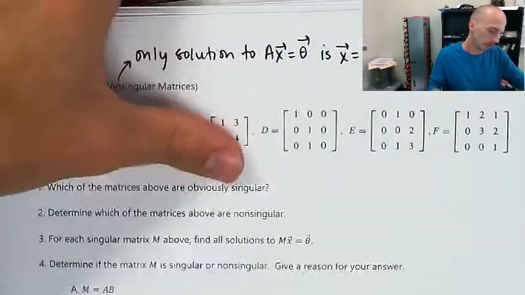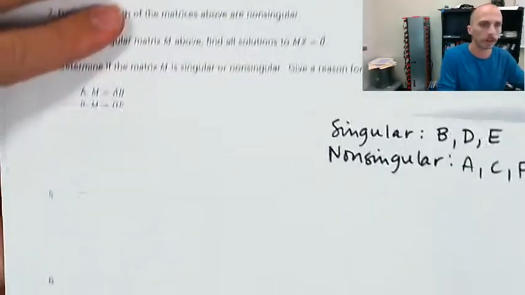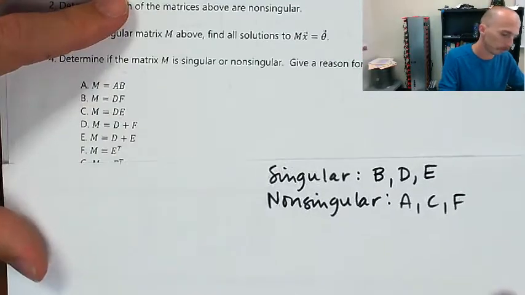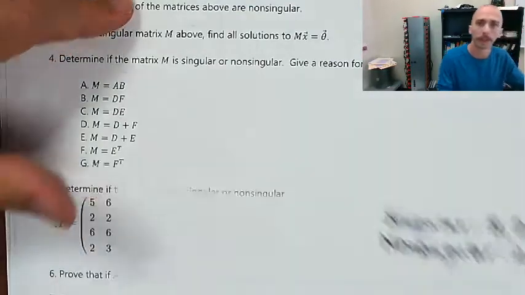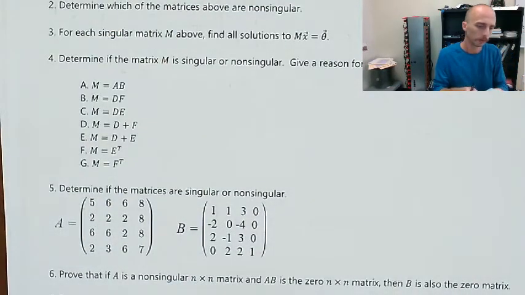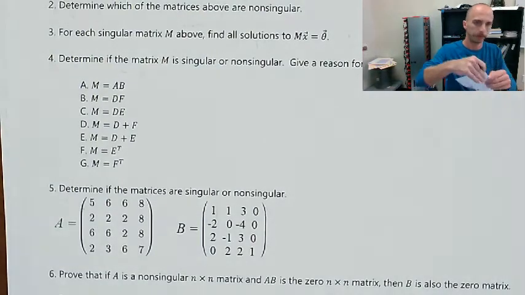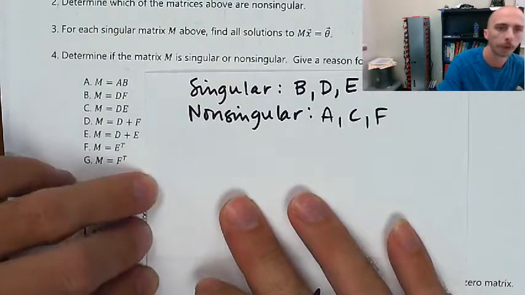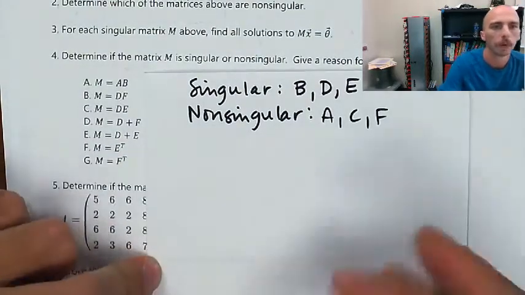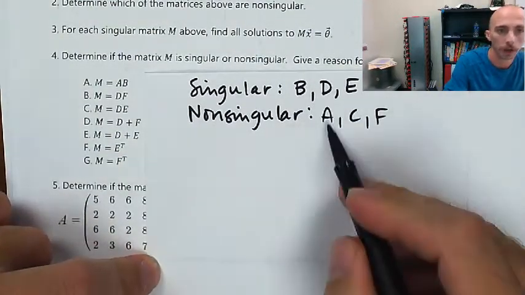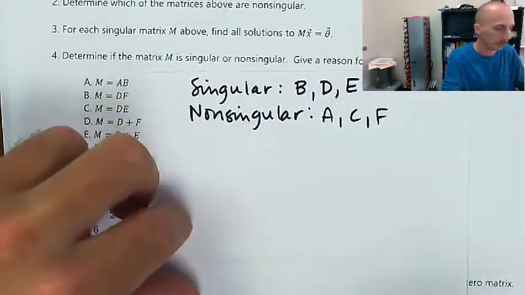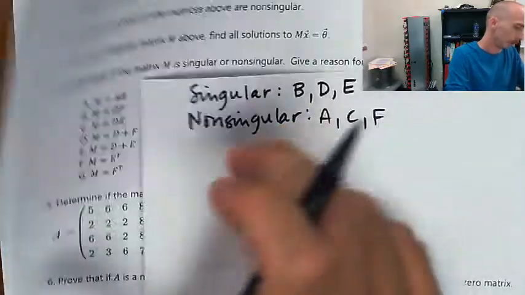Okay, so then when I go down here, that's a little awkward. Not sure what I was thinking there. All right, let's try that now. So singular is B, D, and E. So AB is a product of a singular and non-singular matrix.